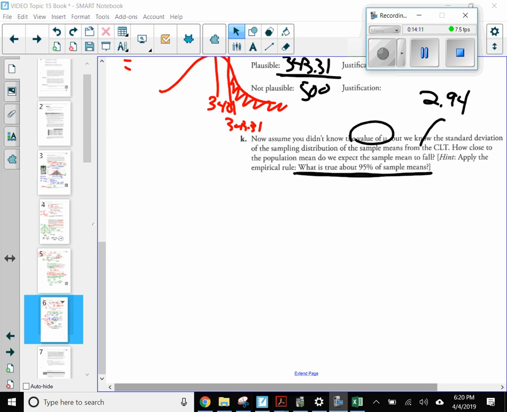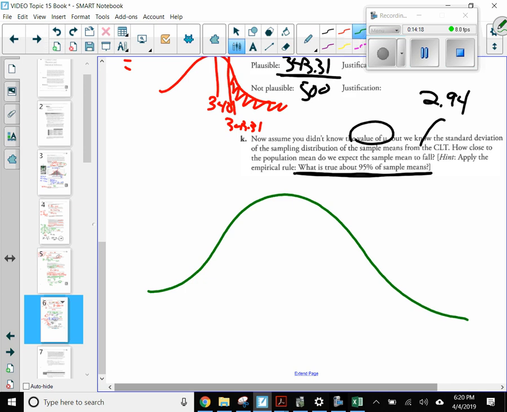And also very important. Because what it's saying here is I know I have a normal distribution, and I know I have some mean. I know that my standard deviation is 2.94.